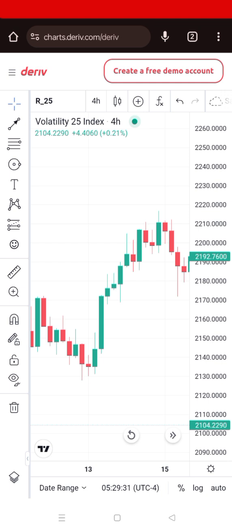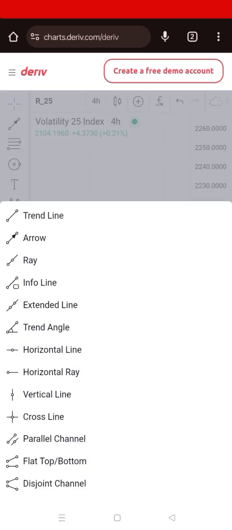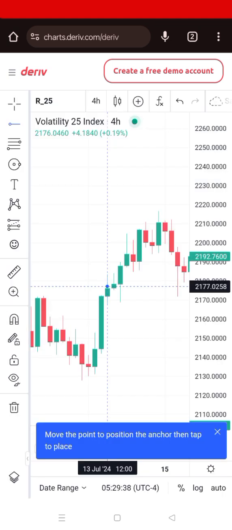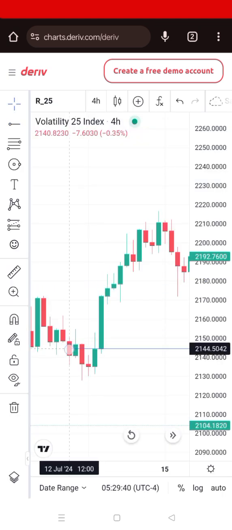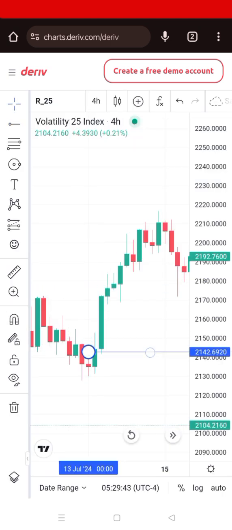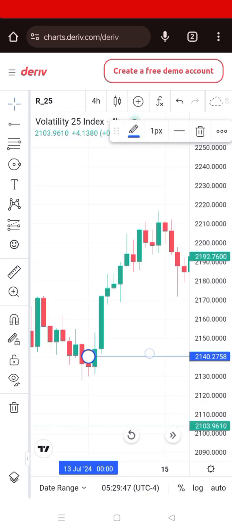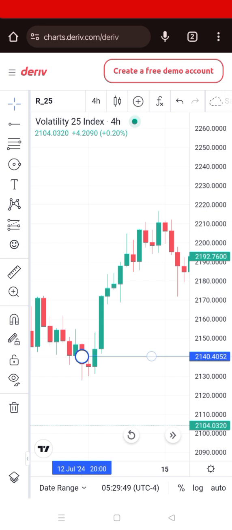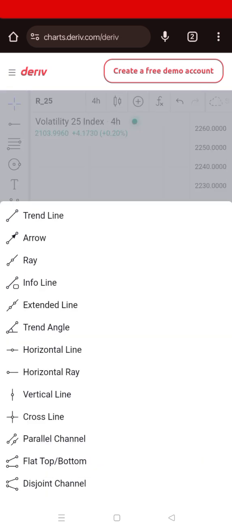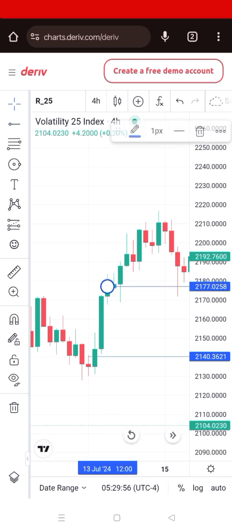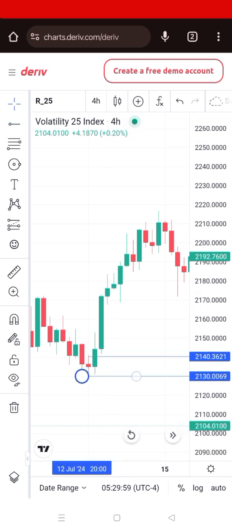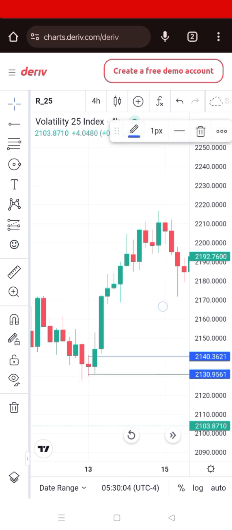That's why I'm using a mobile phone to illustrate how you can use your mobile phone to analyze these charts and know the key levels. So this one is what I'm talking about. Take the top wick of that bearish candlestick, then mark the lowest point of that candlestick.